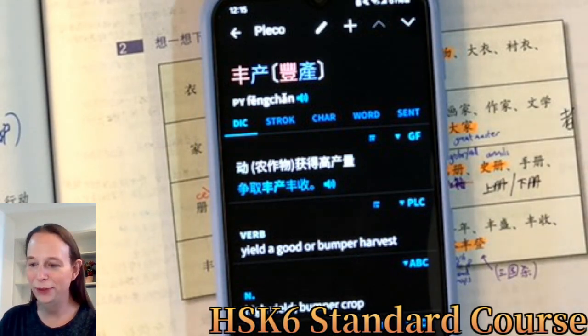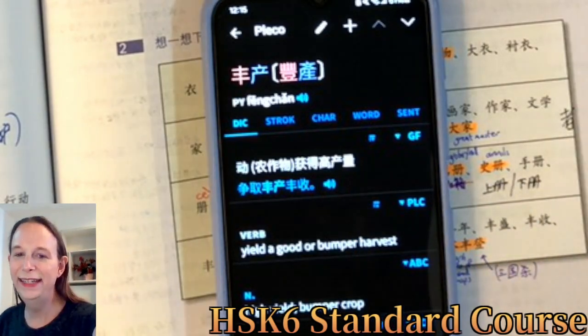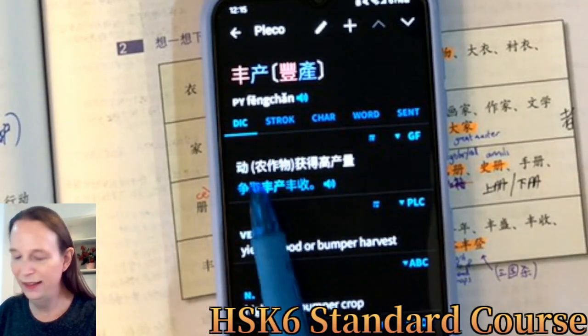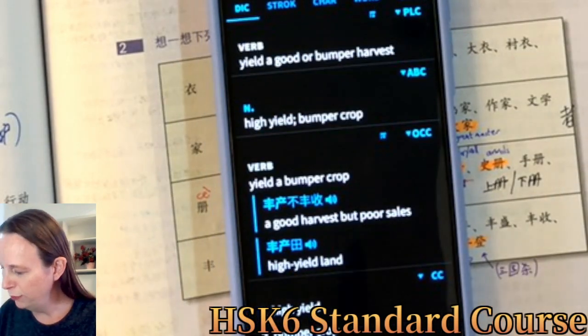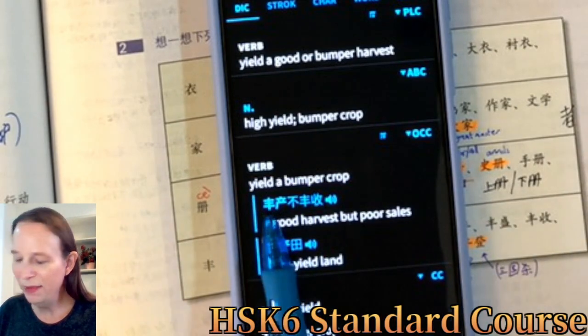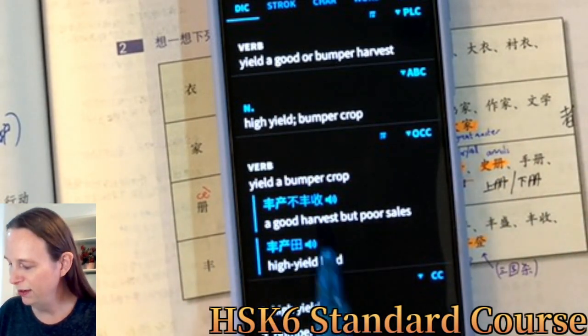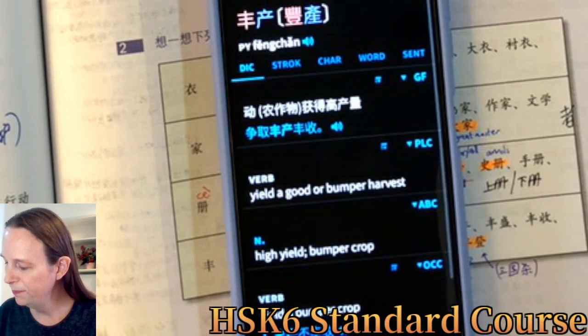Yeah, plentiful 产量, like quantity of, in this case, crop yielding. Okay, 丰产不丰收, bumper harvest. So maybe lots of crops grew but were not able to be reaped. Good harvest, poor sales. Maybe that's used figuratively.